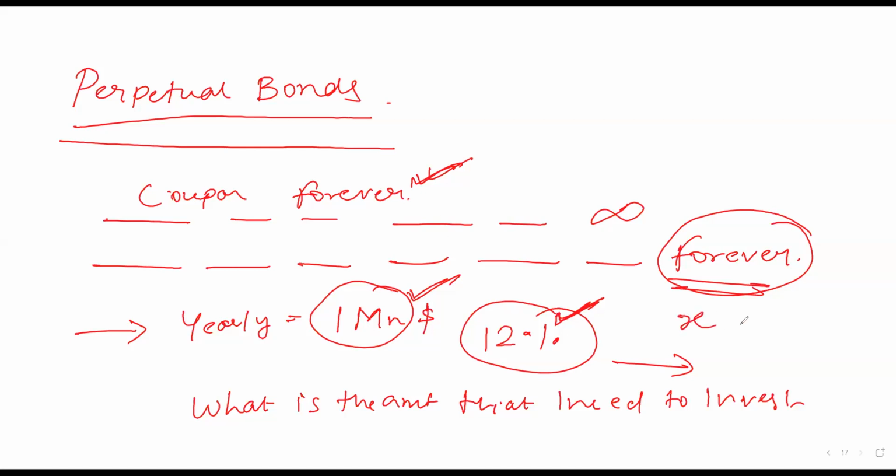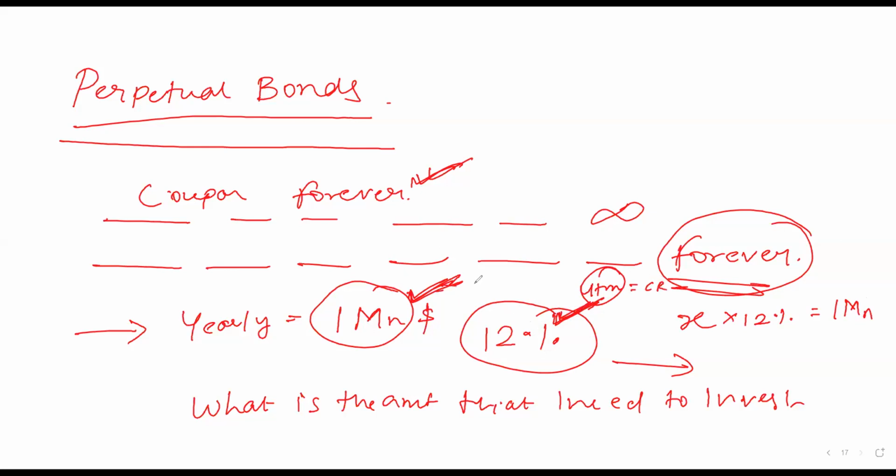Let's say that amount is X, and 12% of that X should be 1 million. We are not evaluating in face value terms. 12% is the YTM that the bond will give me every year, and that is the same as the coupon rate.